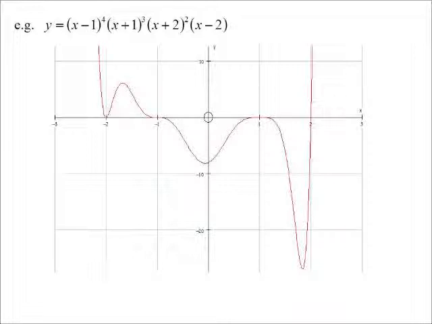Starts and finishes. We've got x to the 4, x cubed, x squared, x to the power of 1, gives us x to the power of 10, which again would start up here, finish up here, so that's fine. The x-intercepts would be 1, there it is.